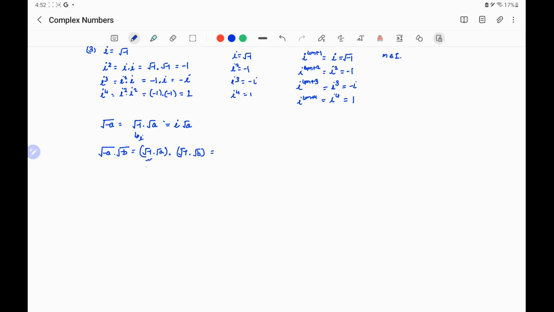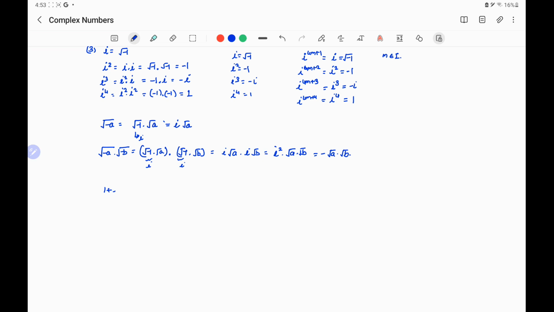And root of minus 1 is iota, so we can write this as i into root a into i into root b. That is equal to i square into root a into root b, and we can write it as minus root a into root b.